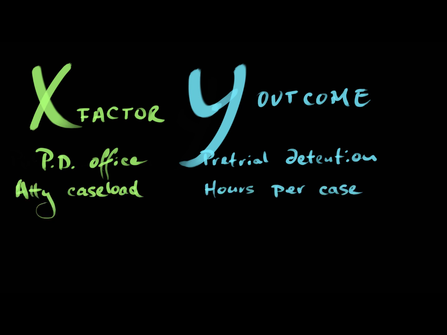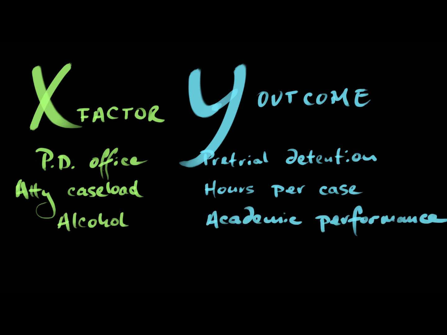Or another situation, like estimating the impact of attorney caseload on client outcomes. One measure is how many hours are spent on each client's case. For alcohol and academic performance, measure students' alcohol consumption in some way, and measure academic performance, grades in class, something like that.